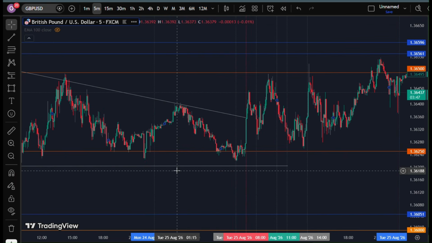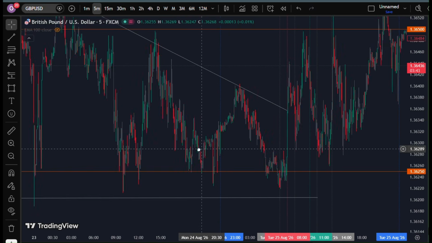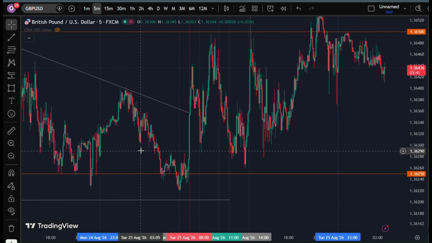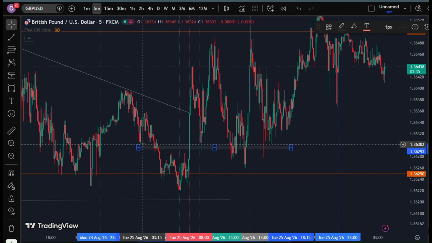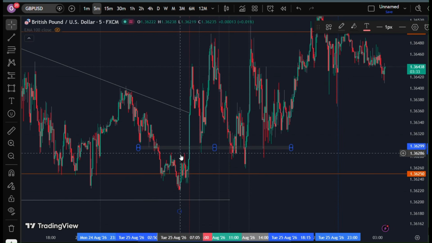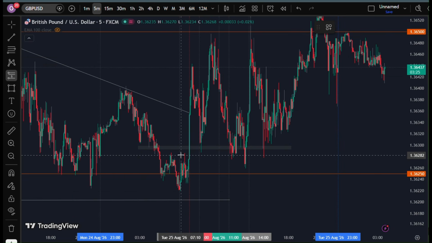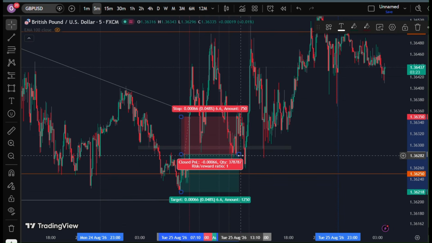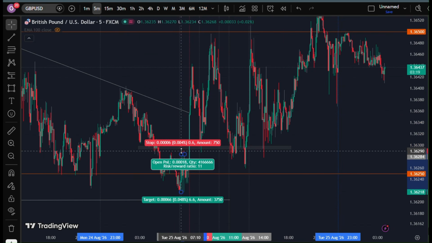At 7 o'clock, I did not see any valid entry here. There would have been kind of an entry here, but they keep making lower highs and lower lows. So we tried to take some sales around here right at 7 o'clock, going for this low, 2 is to 6.